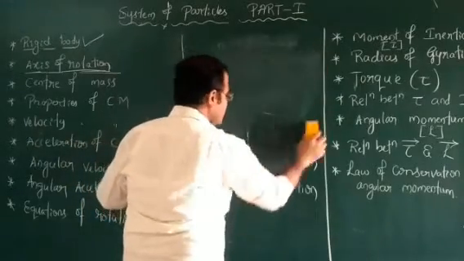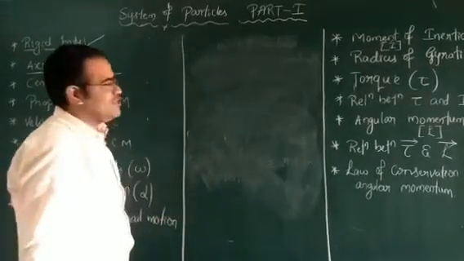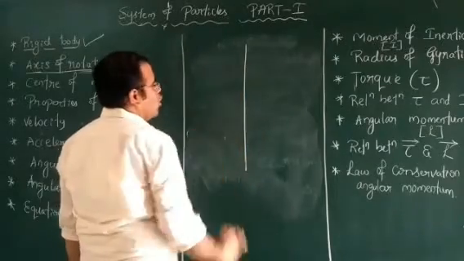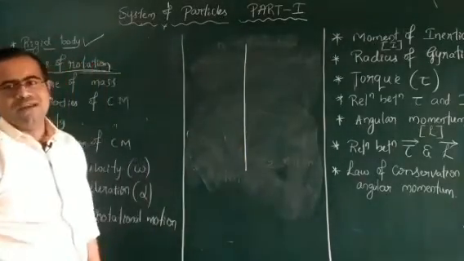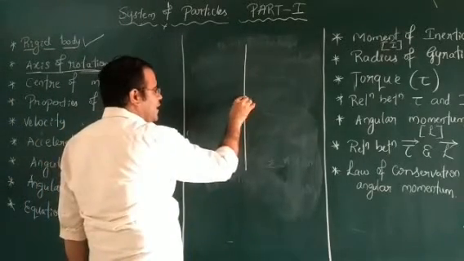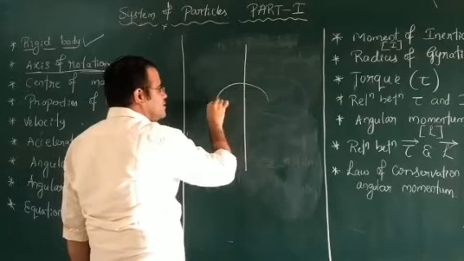Let us see. So here we are going to observe the axis of rotation. If I consider this as the axis of rotation for a given object, or for a given rigid body like this, every particle, let us assume this is the first particle, is making a circular path.